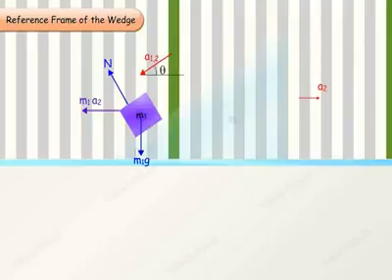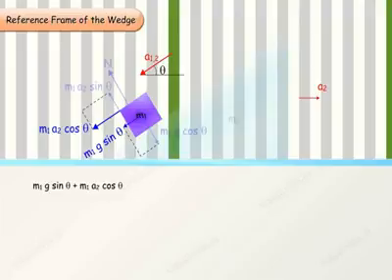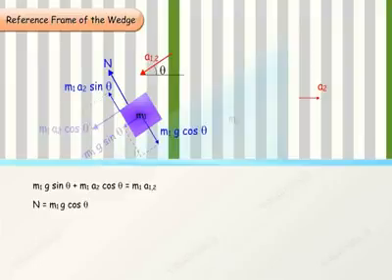So writing equations along and perpendicular to the inclined plane, we have M1G sin theta plus M1A2 cos theta is equal to M1 into A12, and N is equal to M1G cos theta minus M1A2 sin theta.